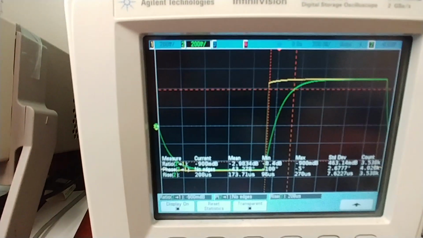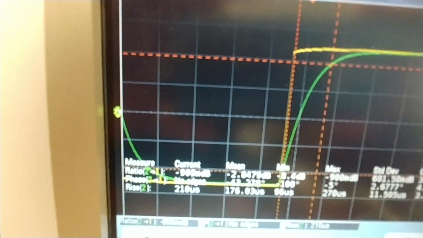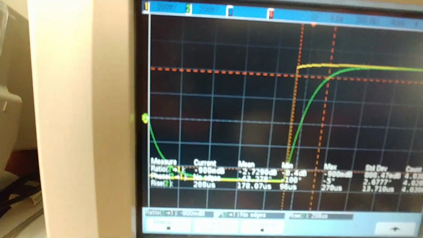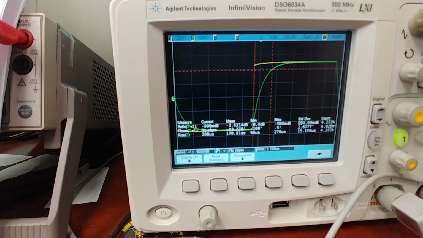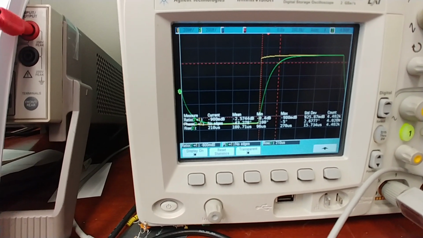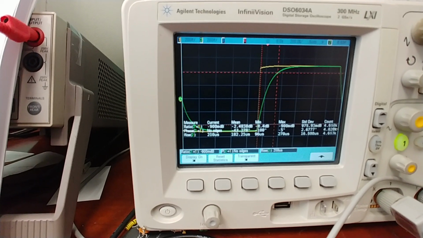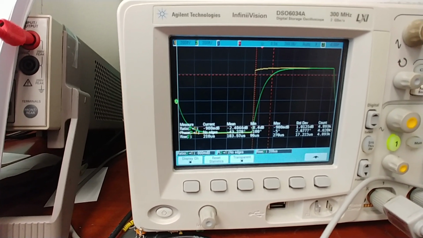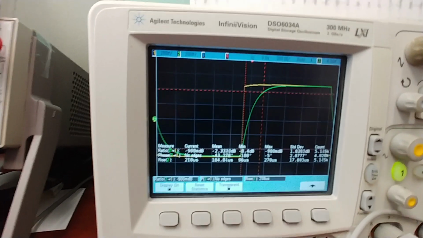Sorry, so you might notice, where is this error coming from? You'll notice that the yellow, the input, isn't a perfect square wave. What's going on is that there is a 50 ohm series resistance in the function generator, and the capacitor has a parasitic inductor in it, and so it doesn't look exactly like it.